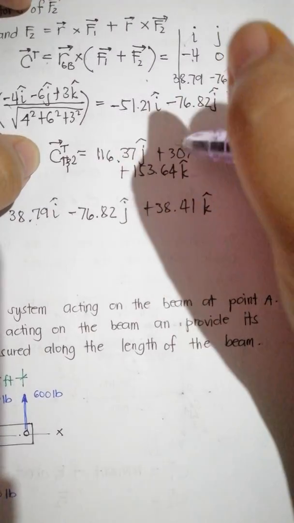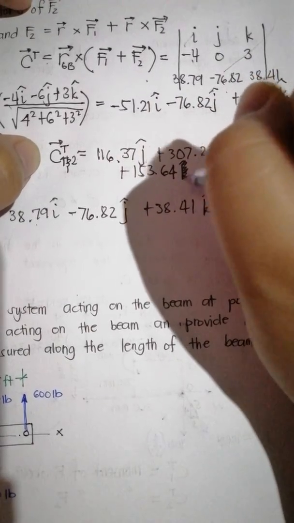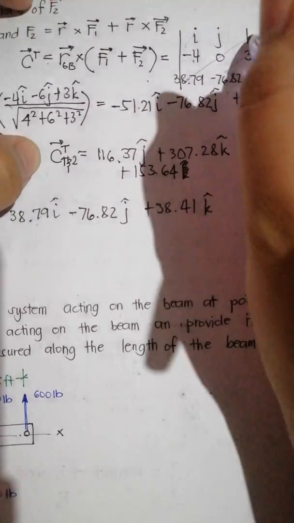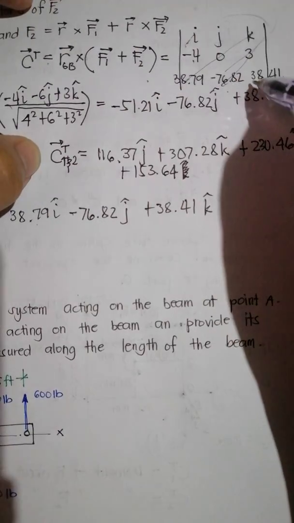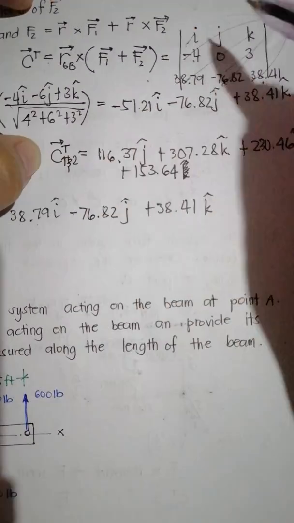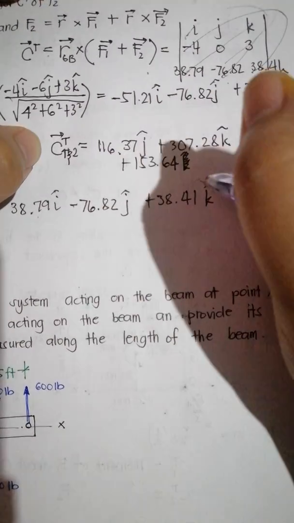Rather, J hat pala, hindi pala K hat. Teka lang. So, this is K hat 0 for I hat, and this one for J hat. So, it would be positive J hat.